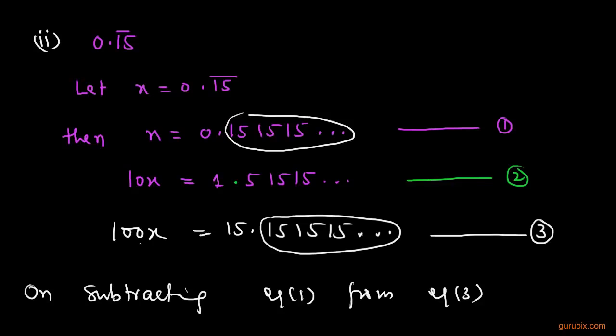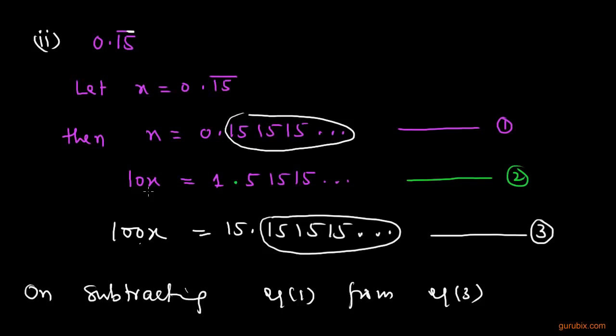Now we shall move to the second part of the example, and the second part is 0.15 bar. We shall let this value be equal to x, and we can expand this 15 bar like this: 15 15 15 dot dot, and let this be equation number 1. First we shall multiply equation 1 by 10.